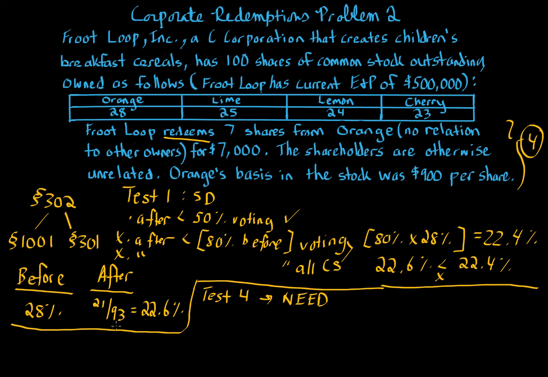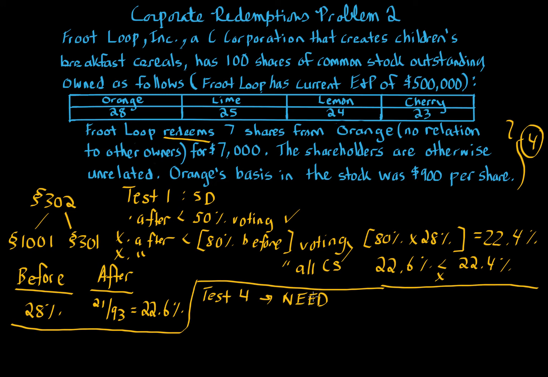So here, the ownership is the voting percentage because that's the only type of stock. It's all voting. So there were really 2 revenue rulings that we used. The first one was Revenue Ruling 75-502. In Revenue Ruling 75-502, before the redemption, there were 2 shareholders who owned more than 50%.